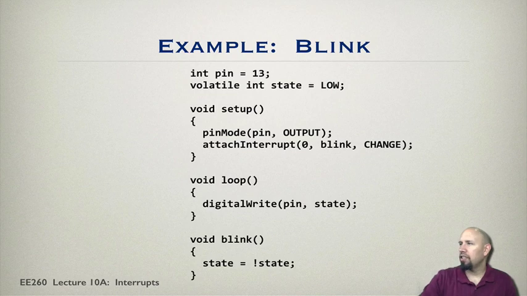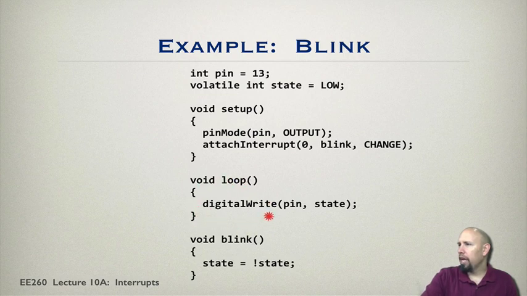So notice that this is a blink program, but it's not like our other blink program that just runs by itself, toggles itself on and off. Instead, this toggles on and off by an external signal. So when the signal interrupt 0, which is connected to pin 2, when pin 2 changes either high to low or low to high, this routine will be called.